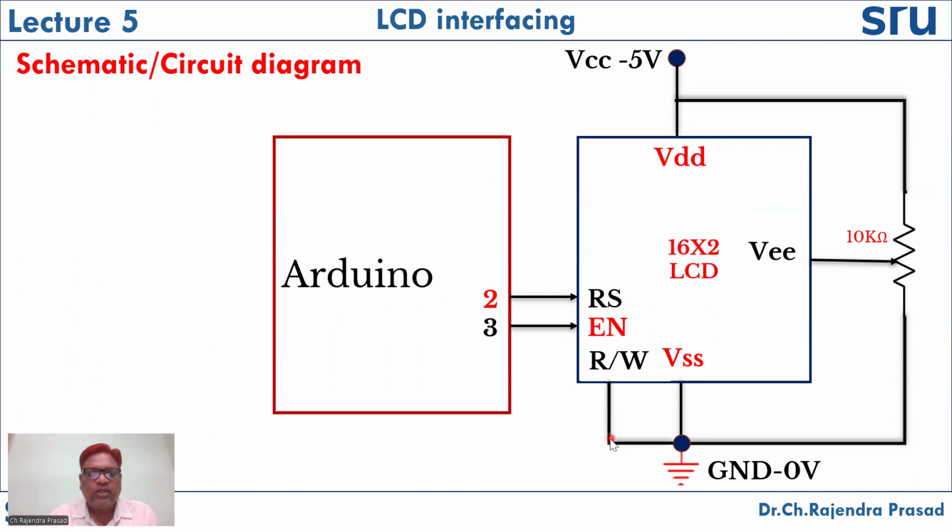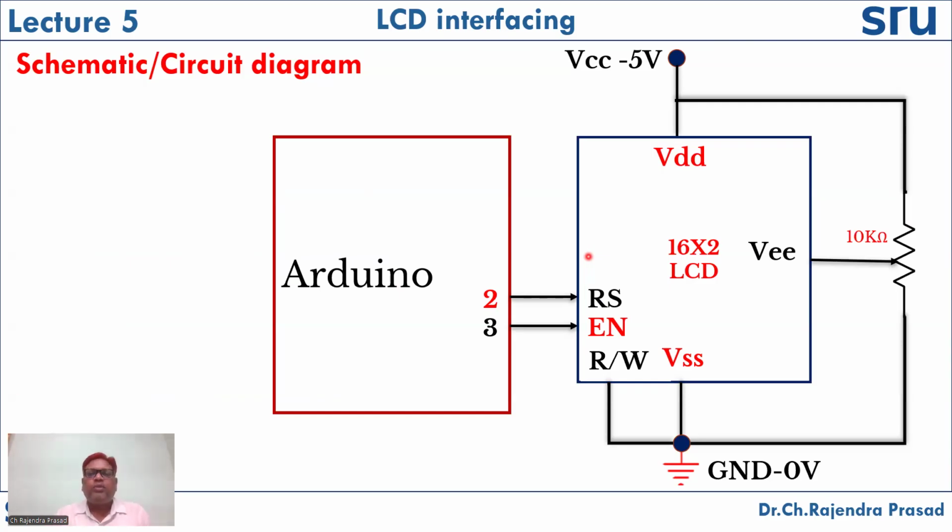Once the RW pin is connected to ground, then we need to connect the data bus, the data lines D0 to D7. But these D0 to D7 lines are operated in two different modes, 8-bit mode and 4-bit mode. In this application, we are going to use only 4-bit mode of operation.